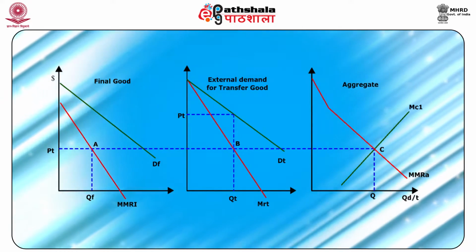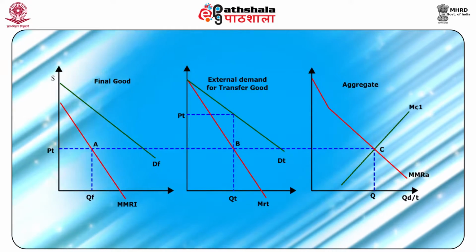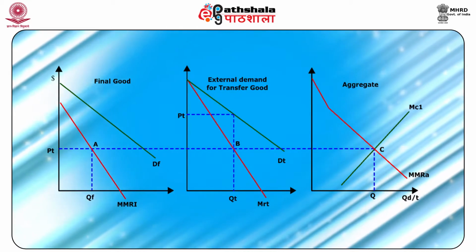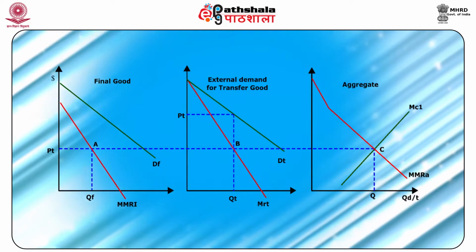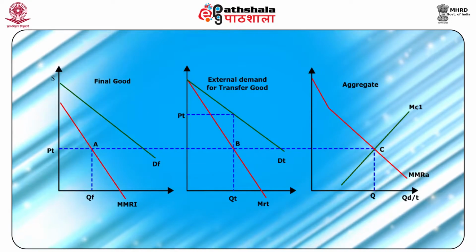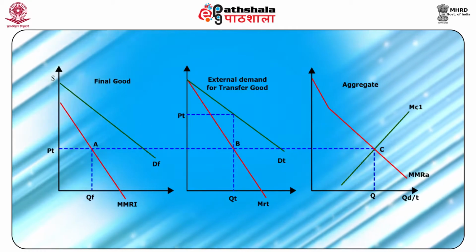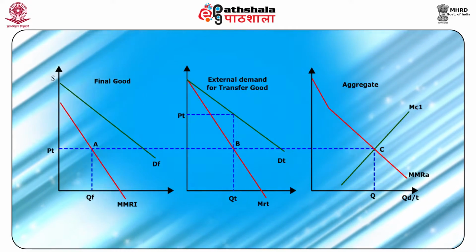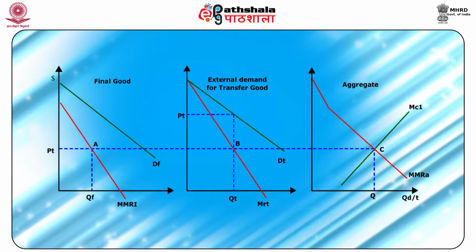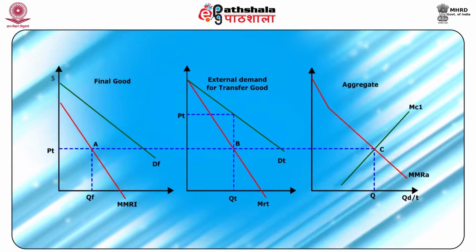Both the demand curves, for the final good and for the external demand for the transferred good, are downward sloping, as you can see, and then below that we have the marginal revenue, both of which are in red and are downward sloping.